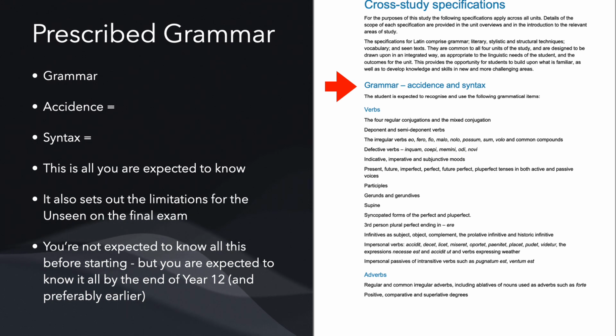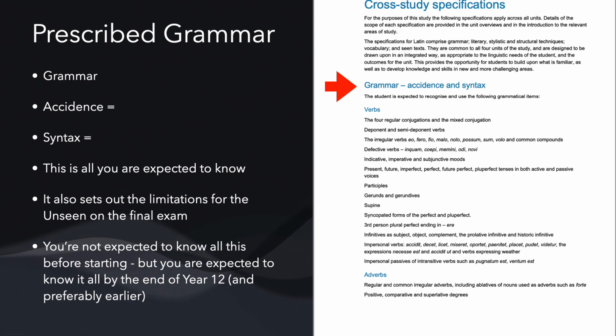And even when you start Units 3 and 4, you won't know this list entirely, but you should have about 90% of it, 95%. And certainly by the end of the year, you've got to have all this under your belt. And that means having it in your long-term memory. So looking at these things and saying, yep, I know that, I've got that. So you can treat this as one big giant checklist for you.